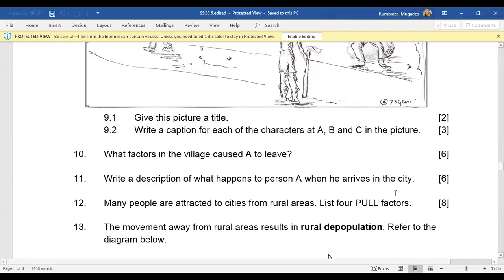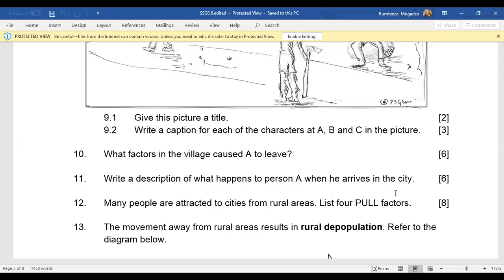What do we mean by push factors? Do you remember push factors? What are those factors? The push factors. Low income. What do those factors do to people?